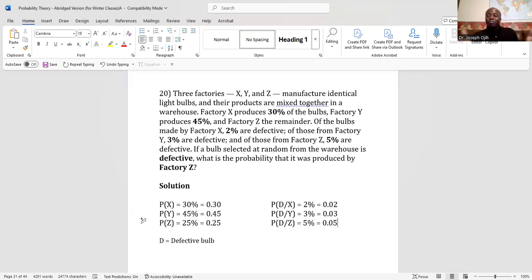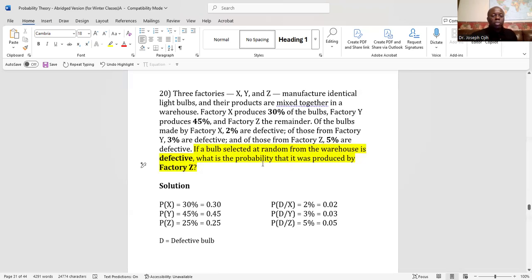Now we can put all this together in the formula. Let me write the formula down. The question says, if a bulb is selected at random from the warehouse and is defective, what is the probability that it's produced by factory Z?